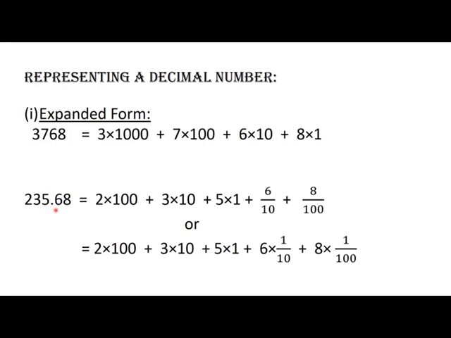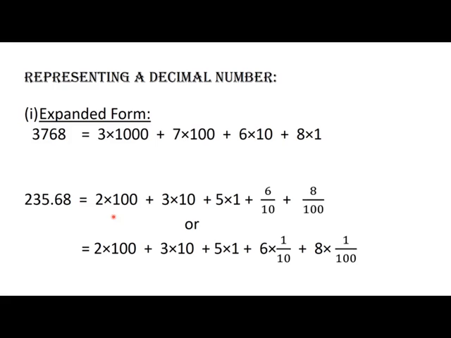And left hand side of the decimal, it is usually represented by ones, tens, hundreds, that is as usual. You can follow the same procedure. But after the decimal, that is the right hand side, the first is the tenths place, 1 by 10, and next one is 1 by 100, and next one will be 1 by 1000 and so on.